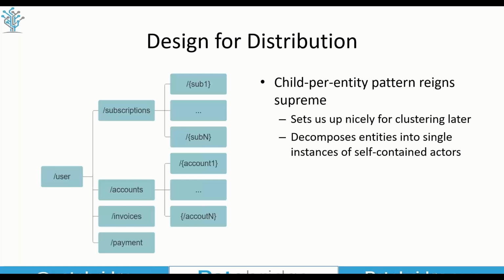So if you get this to work correctly locally, it'll be very easy to translate this into a design that can be distributed later. This is a brownfield project, this SDKBin thing we're working on. We're trying to integrate a whole bunch of actors into a super CRUD-heavy system. Therefore, we don't really want to add stuff like Akka.Cluster.Sharding into that mix until we're a little further down the road.